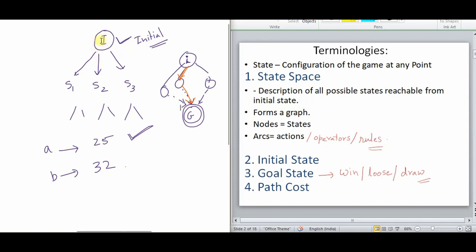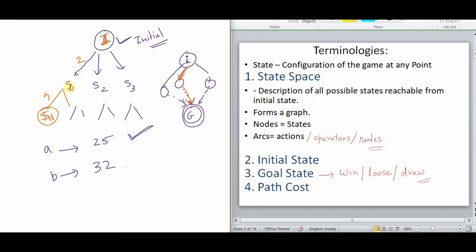So let's say to move from I to state S1, the path cost is 2. Then to move from S1 to S11, the path cost is 4, and so on. So what is the total path cost in moving from the initial state I to S11?